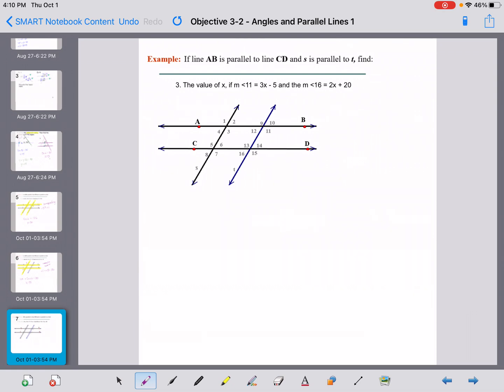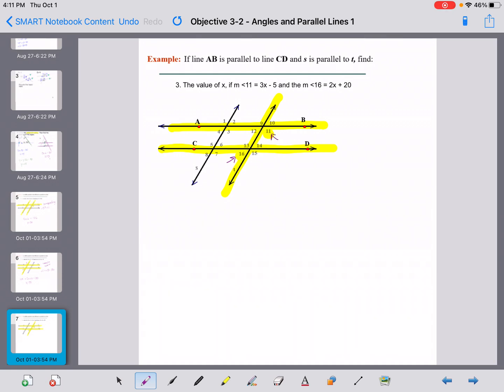Last example. Now I'm looking at angle 11 and I'm looking at angle 16. So I'm highlighting the lines that it's touching. All right, angle 16, angle 11.